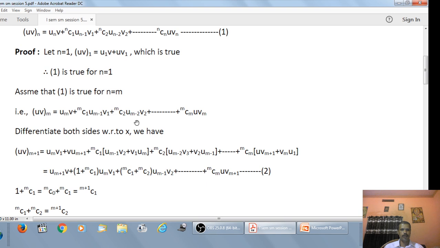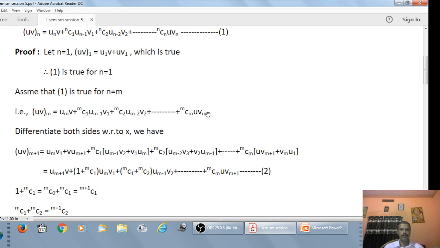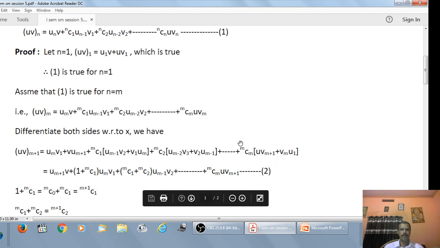It will be u_(m-1) plus etc. plus m C m is a constant. Here also use the product rule. First function into the derivative of second, the derivative of v_m, it will be v_(m+1), plus second function v_m into the derivative of first one, u.